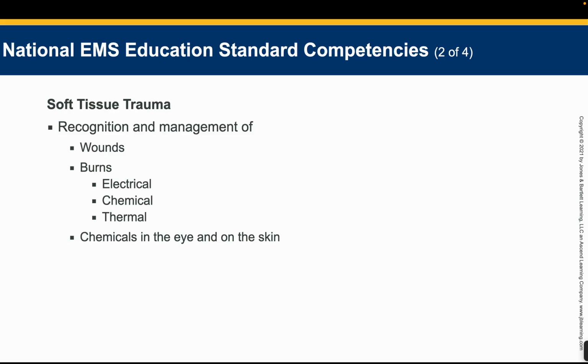So again, this isn't just about knowing definitions. It's about being able to identify what you're seeing and take appropriate action. When you're walking up on scene, you should be able to quickly say, okay, what type of injury is this and what does my patient need right now? Whether it's a laceration, a burn, or a chemical exposure, your early recognition and management are what set the tone for the rest of the patient's care.